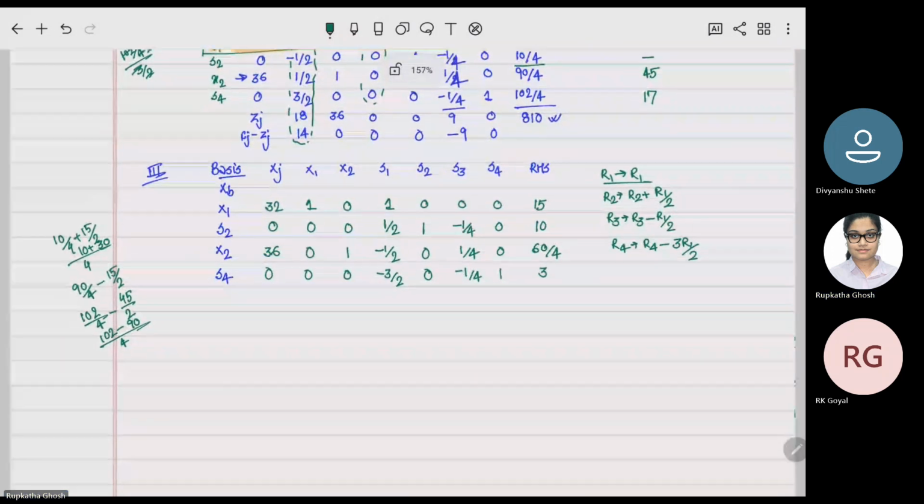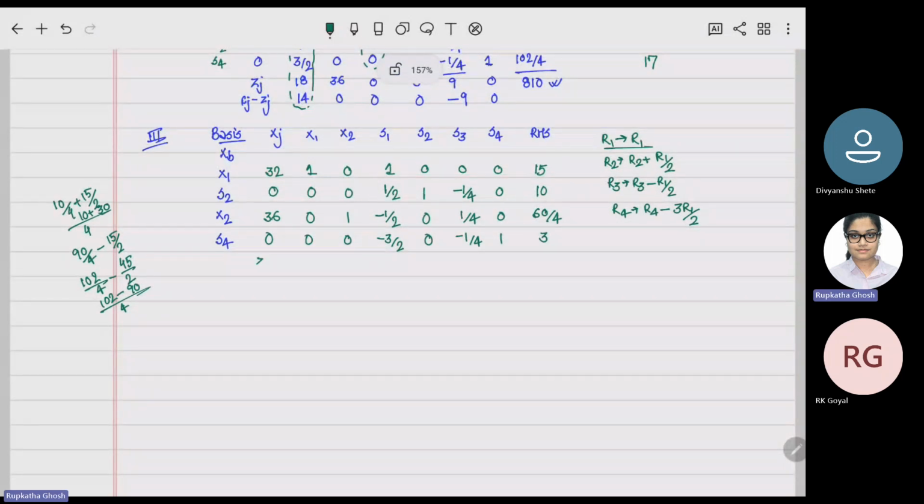Okay. Now if you calculate values of Zj, oh, sorry, I forgot to mention CB and CJ. So that is 32, 36, 0, 0, 0, 0. So now your Zj is 32, 36, 32 minus 18, 14. Here it would all be 0.